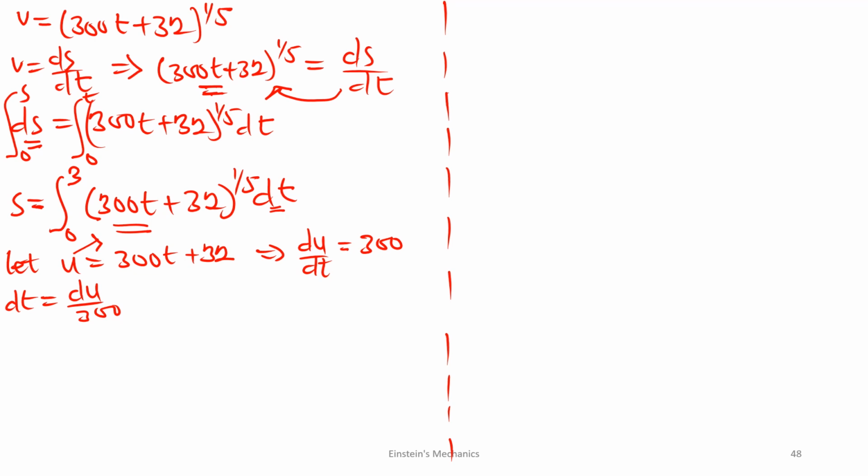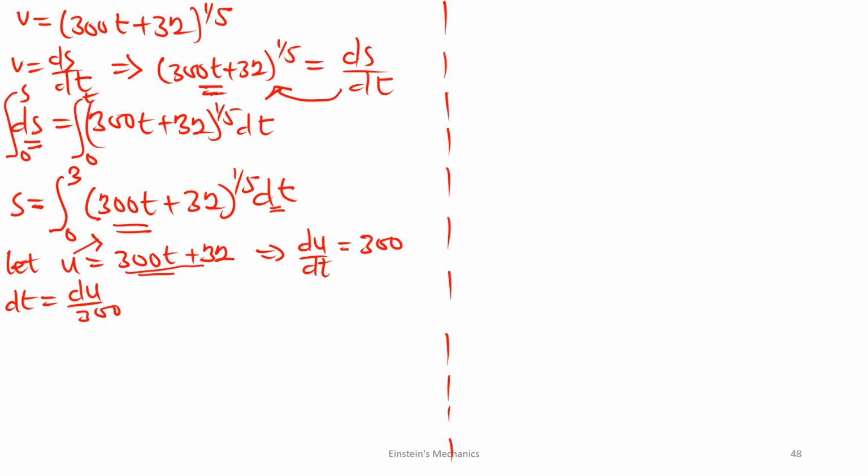Anytime you introduce a u into the integration, the limits are going to change. So here, if you want to know the limits, you're also going to say your u is going to be equal to whatever you have. This is u. Put in the value of the t as the integral.